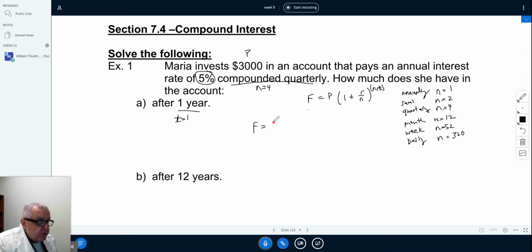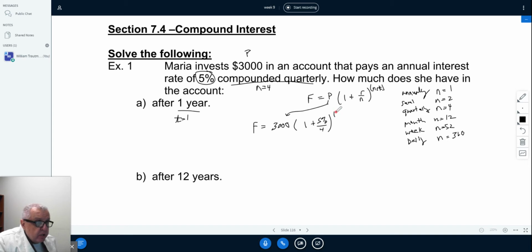We want to know how much we're going to have in the future. Right now, the present value is $3,000. We're going to compound this interest. The interest rate is 5%, and N is 4. It's compounded 4 times a year, quarterly.